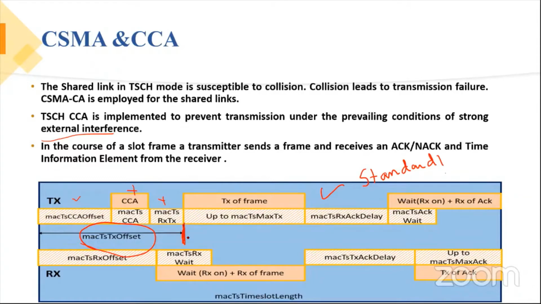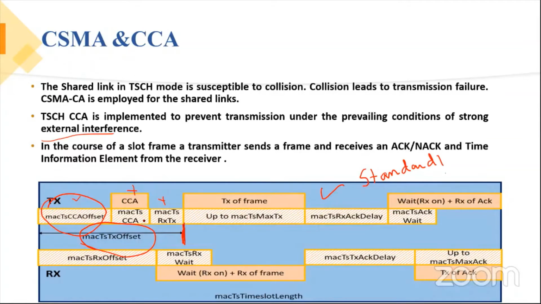That is very important. You can also look up the standard and find out the typical ballpark numbers which are associated with these things. So MAC TS CCA offset, CCA, MAC TS RX TX, and then you go on to do a transmission of the frame.